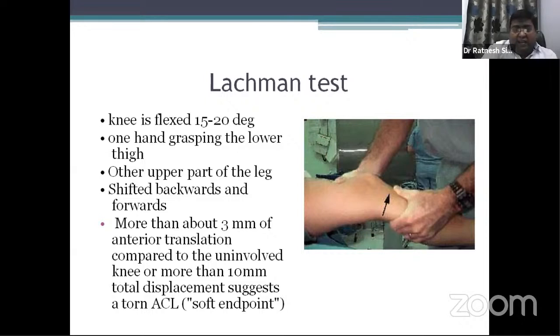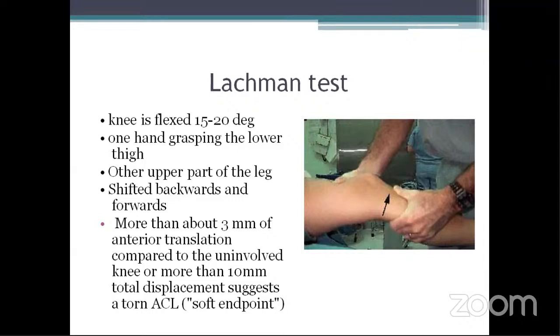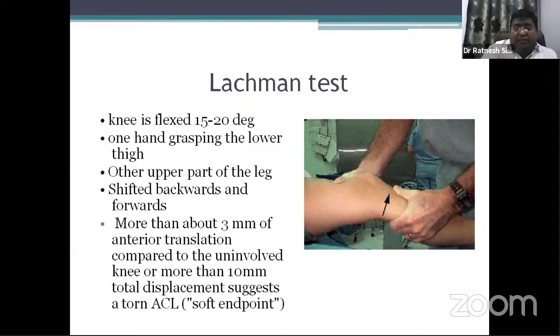One hand grasps the lower thigh, stabilizing the thigh, and the other hand holds the upper part of the leg. The upper part of the leg is pushed anteriorly and posteriorly, meaning forward and backward. More than about 3 mm of anterior translation compared to the uninvolved knee, or more than 10 mm total displacement, is suggestive of ACL tear. There is usually a soft end point.